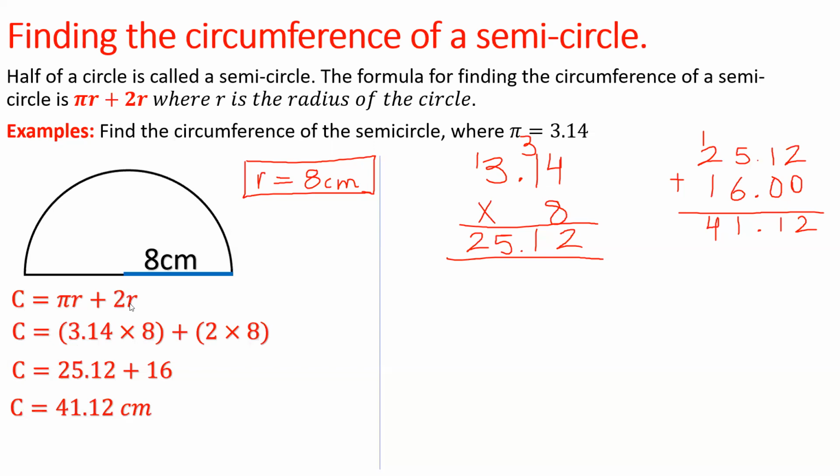Then we do 2 times r. What is r? R is 8. So 3.14 times 8 gives us what? 25.12. And 2 times 8 gives us what? 16. Adding them together, we get 41.12 centimeters. Good. Does that make sense? Yes, sir. Thank you.